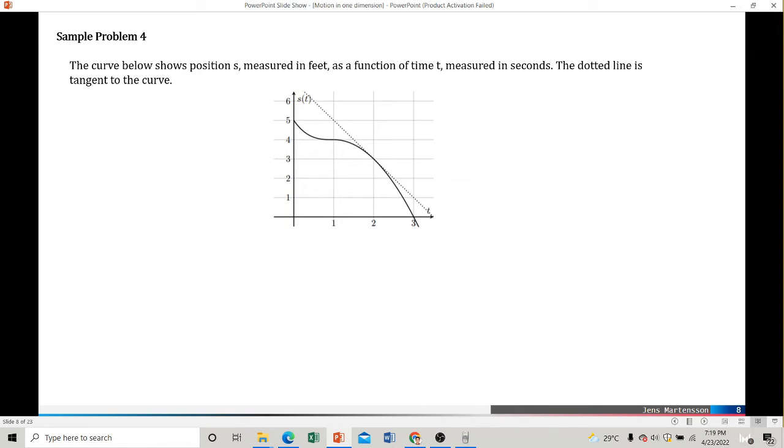This one is sample problem 3. The curve below shows position s, measured in feet, as a function of time t, measured in seconds. The dotted line is tangent to the curve.